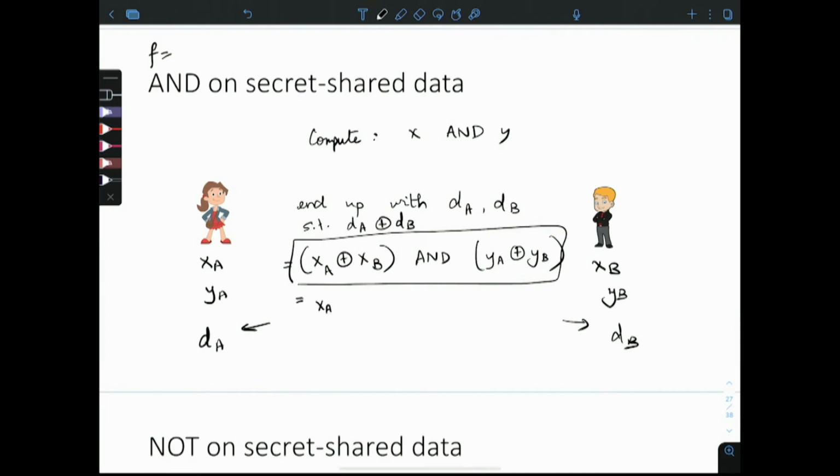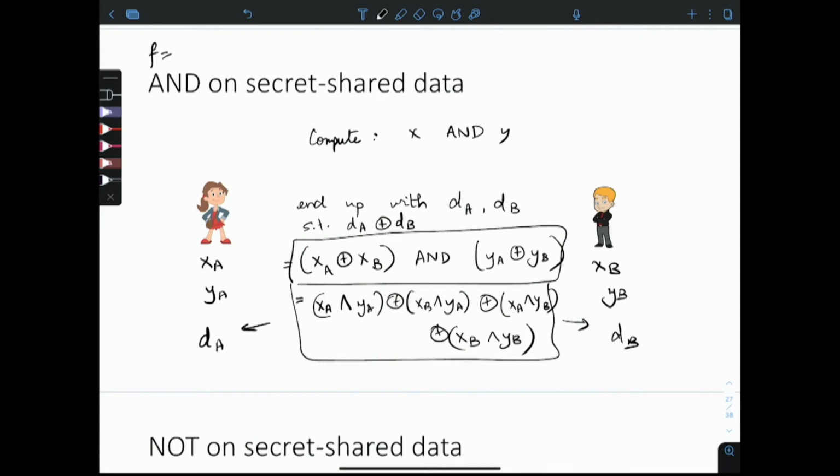So this is nothing but (XA AND YA) XOR (XB AND YA) XOR (XA AND YB) XOR (XB AND YB). Okay, so this is distributive, so I can open it up and write it down this way.